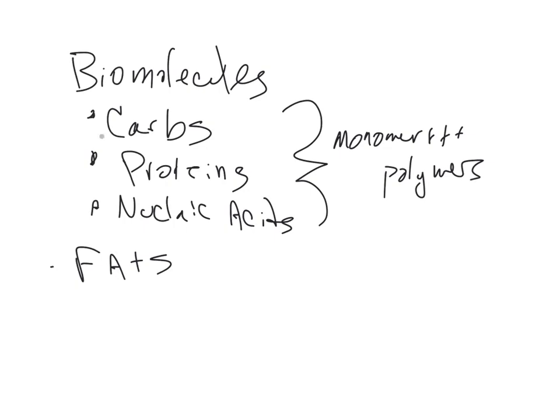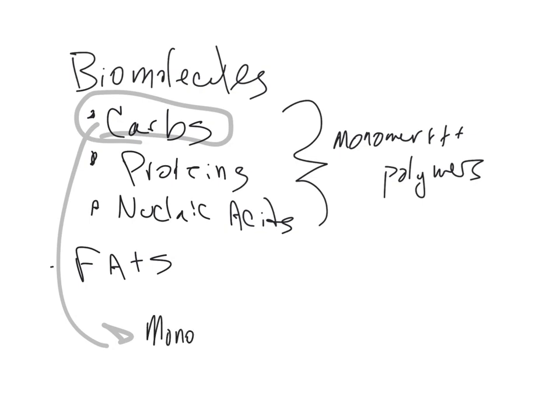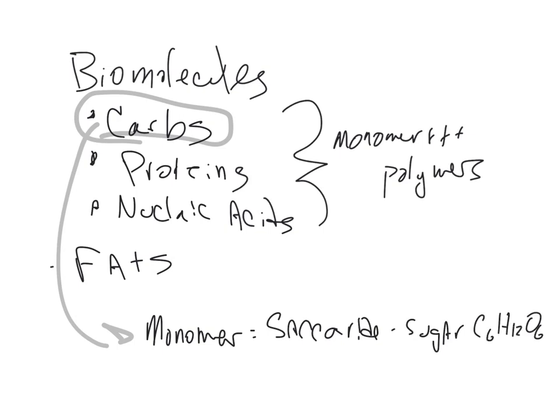And then in our example, we looked at carbs. When we looked at carbs, the monomer that we looked at was called a saccharide or a sugar. And the one that I want you to know is C6H12O6.